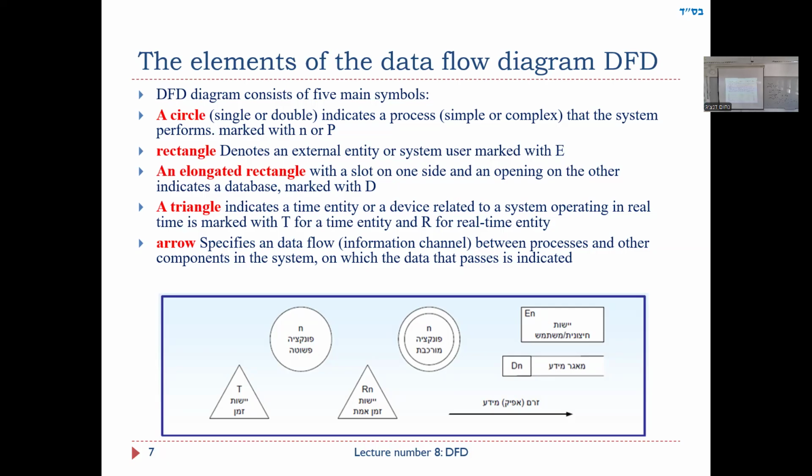Sensors detect dryness of the water, and sprinklers sprinkle. So they're both real-time entities, and they can be on either side. And then there's the arrow, and the arrow just shows a flow of data. It doesn't necessarily indicate causation, but it shows the flow, where the data is coming from.